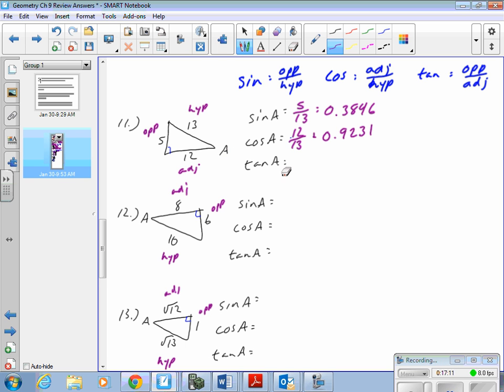And lastly, the tangent of A. Tangent is the opposite side over the adjacent side, so from A, 5 is the opposite, 12 is the adjacent. So 5 over 12, which is going to give us 0.4167.